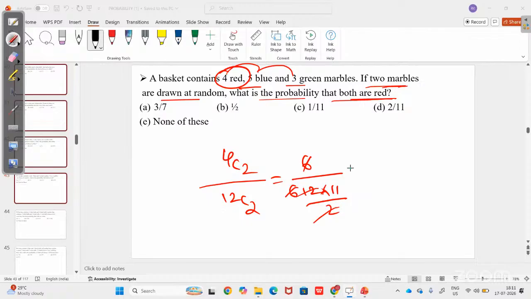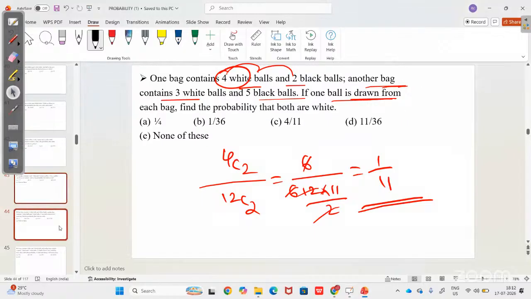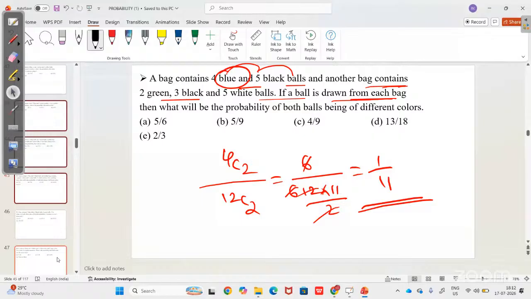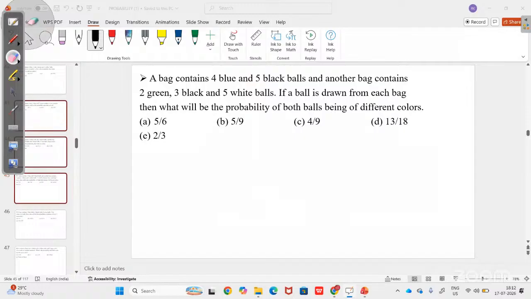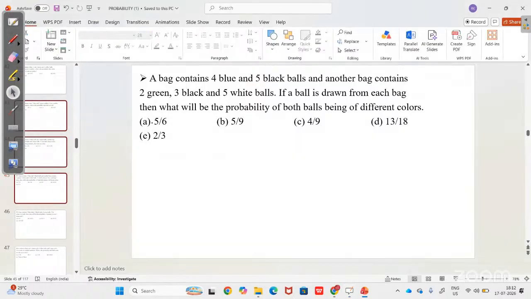So that will be equal to 6, 6 is cancelled, 1 by 11. The answer is 1 by 11. Next question.